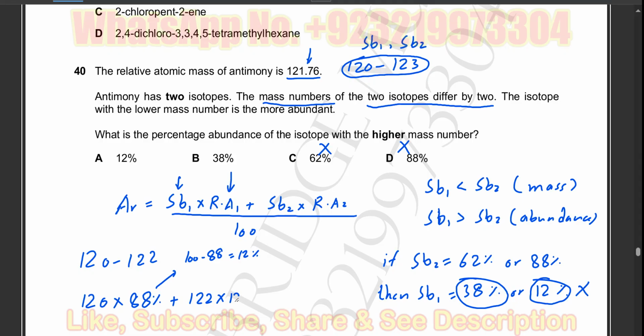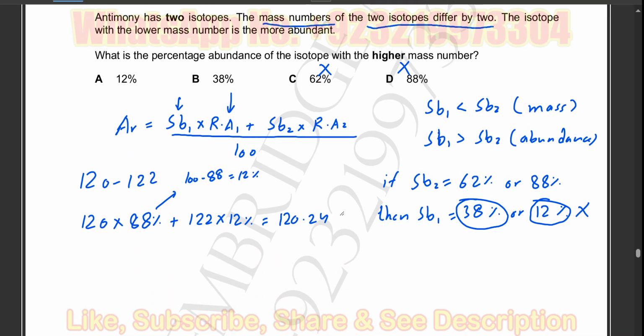So the heavier isotope has the smaller percentage. Now the value will be 120.24. This 120.24 is the relative atomic mass obtained by this calculation, and it does not match the value 121.76, so this becomes incorrect.